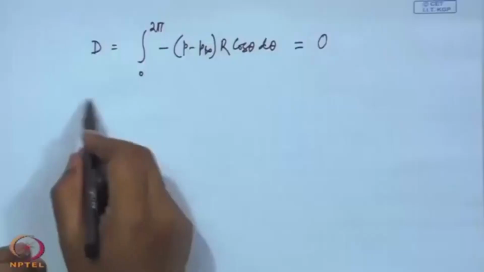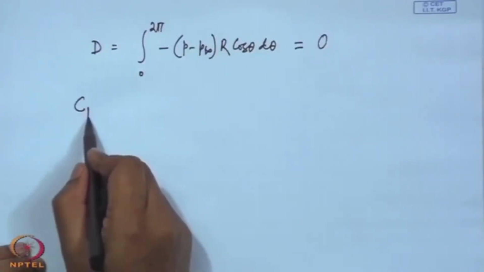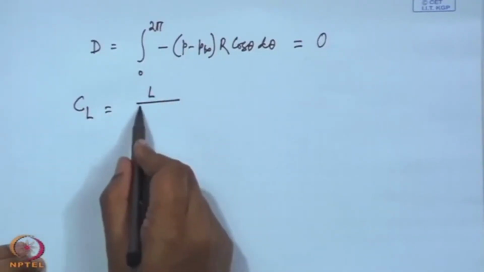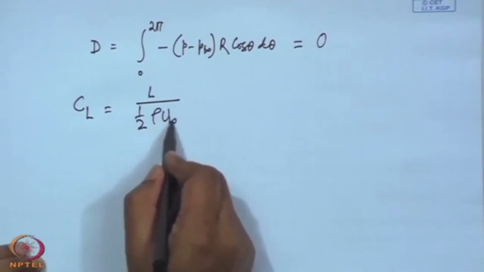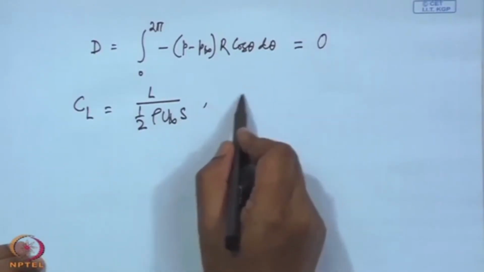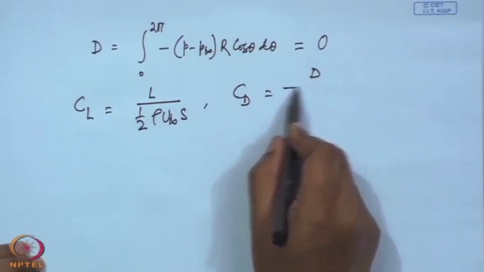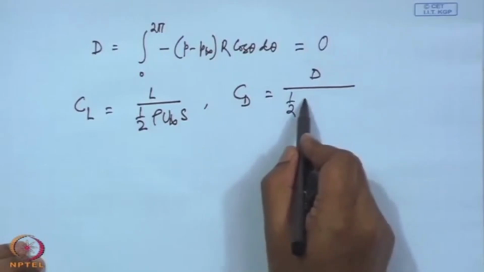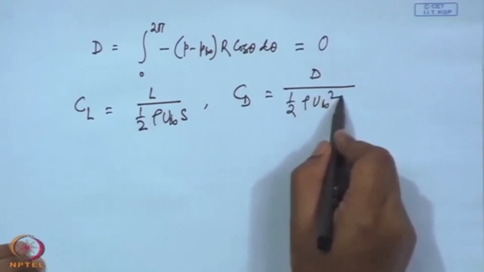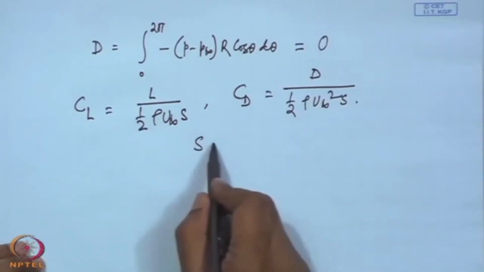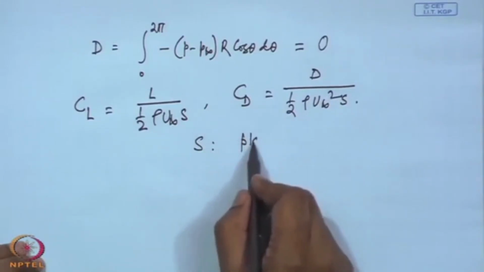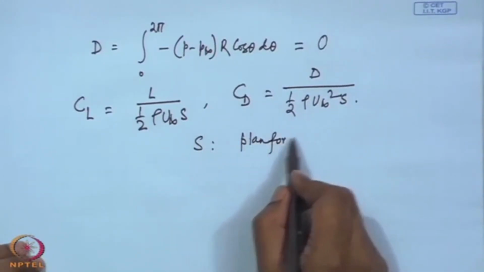When you divide the lift or drag force by that, that gives the lift coefficient or drag coefficient. Say you can write C L as lift force by half rho u infinity square S. Similarly, C D is drag force by half rho u infinity square S. S is usually the planform area or some reference area.